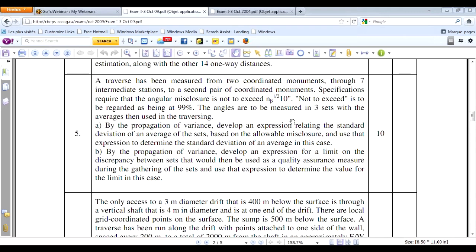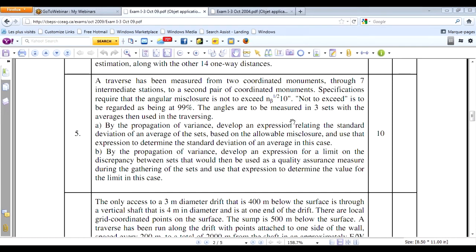Now, that means that if we start off with an angle standard deviation, which is basically the standard deviation of the average, how do we convert that into a discrepancy limit for comparing sets? Well, if you remember that if you take a number of items with the sigma sub i and propagate them into what the sigma would be of the average, it's improved by the square root of the number of items that goes into the average.